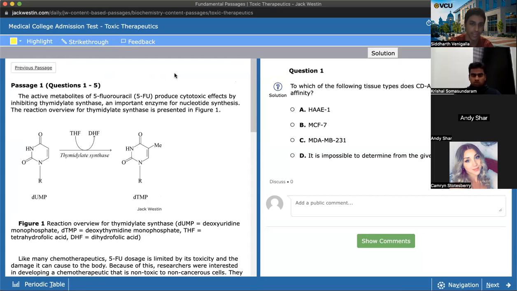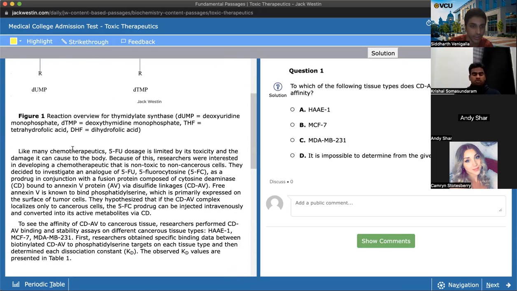So cytotoxic, cyto just means within a cell. It's toxic because it inhibits this enzyme right here that, remember, converts nucleotides from one nucleotide to another, so we have a good balance of all the nucleotides we need for DNA replication. That is why 5-FU is toxic, okay? That's what they're telling us right there. They're just introducing 5-FU and telling us why it's toxic.